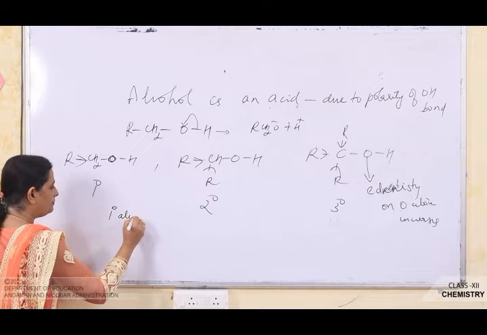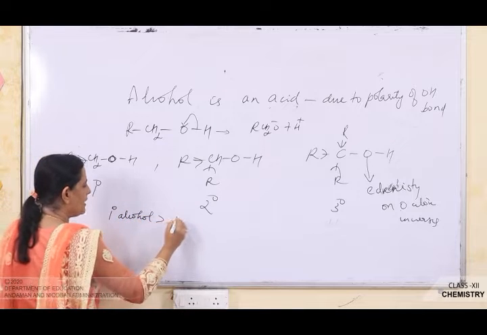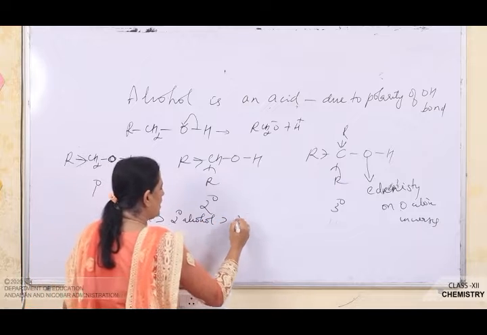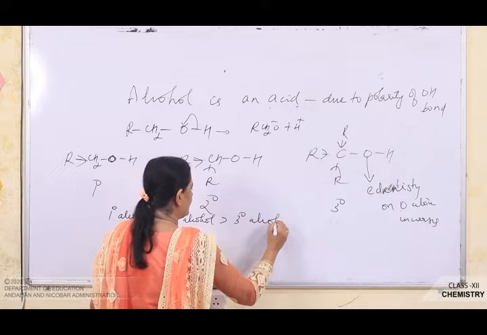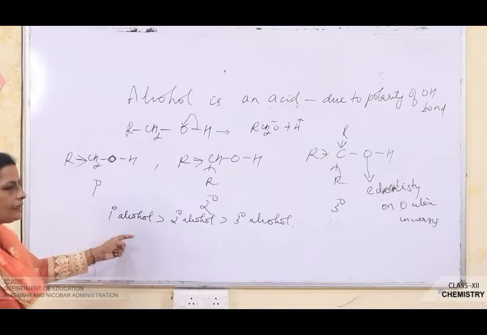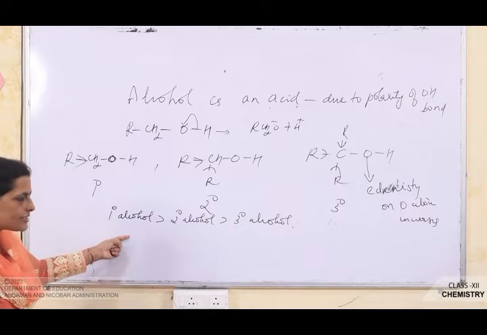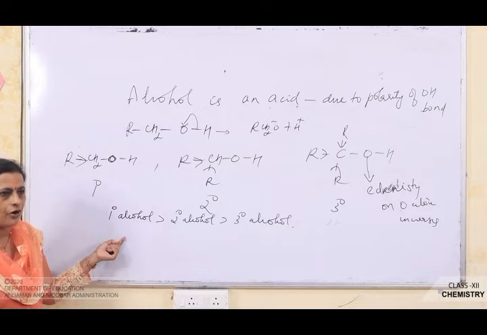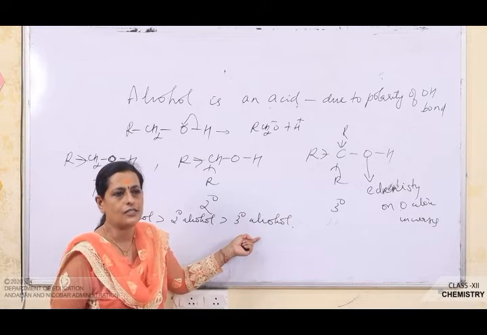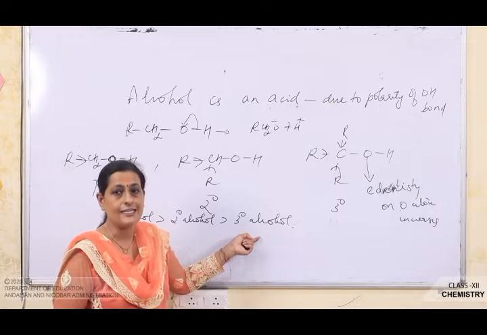Primary alcohol greater than secondary alcohol greater than tertiary alcohol. So is it clear? Among the three classes of alcohols, primary alcohol is the strongest acid because the polarity of the OH bond is maximum, and tertiary alcohol is the weakest, because the polarity of the OH bond is least.